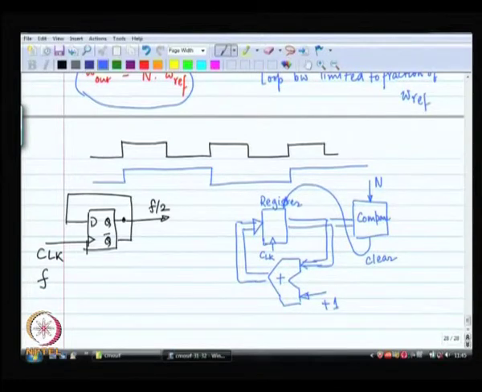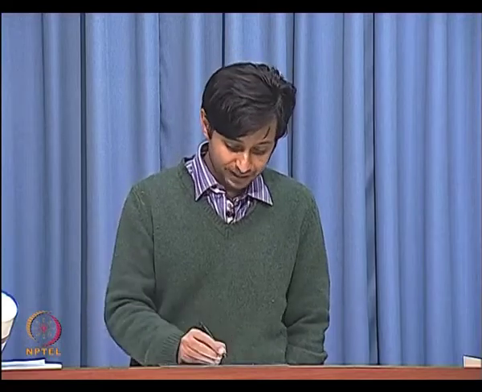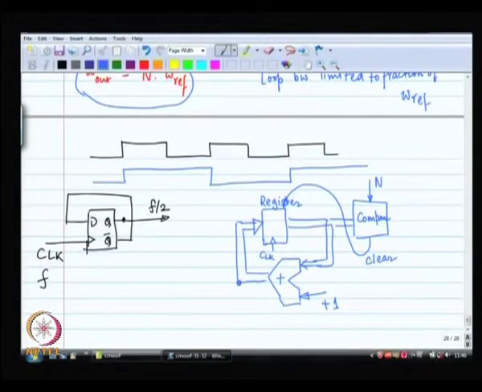Now, n can be programmable from outside and I have successfully divided, which is the output clock over here. Well, the output clock could be the MSB of this. Something like this will work.